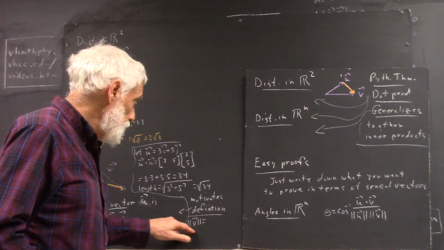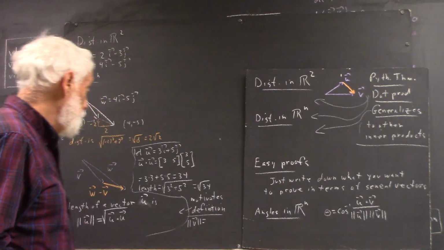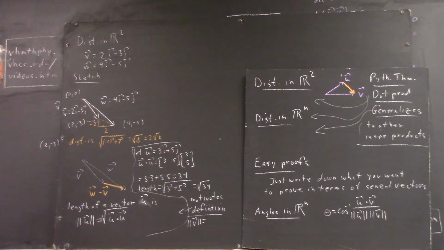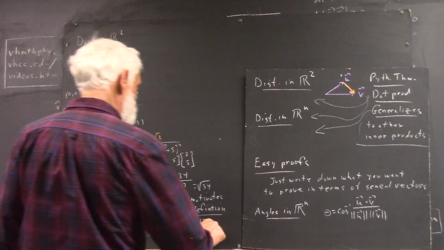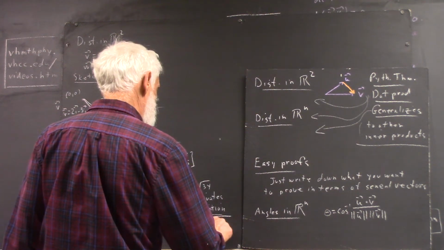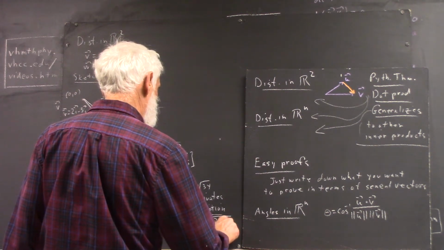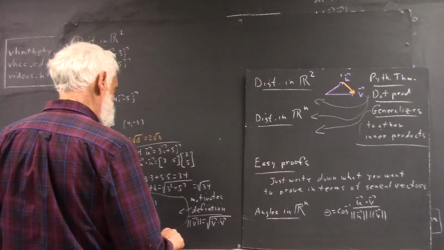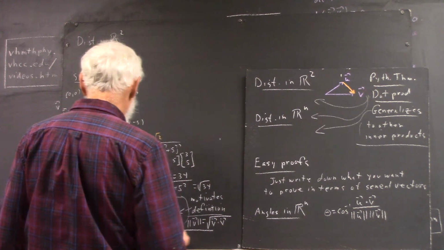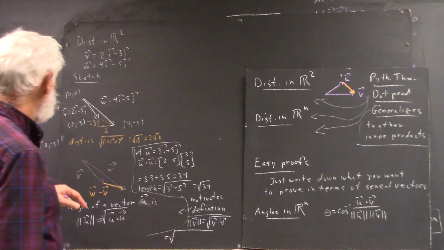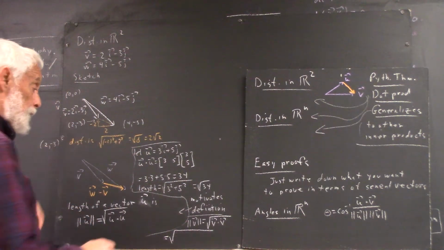Okay. So anyhow, how do you get this magnitude of v? Pythagorean theorem tells you it's the square root of 13, if I did my arithmetic right, and you want to check me on that. Well, the definition tells you it's the square root of v dot v. And that's what? The square root of, well, v is the vector 2, negative 3.